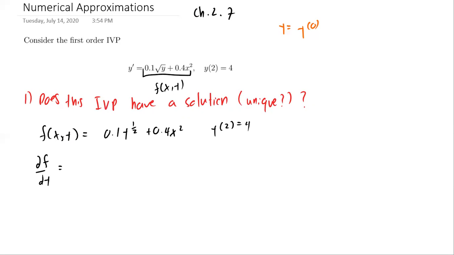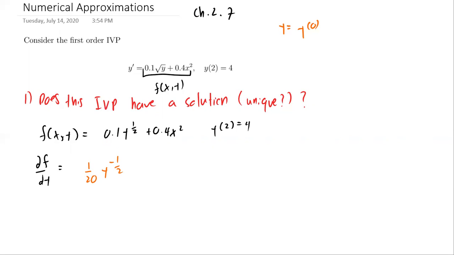So the derivative of this with respect to y, we'll just bring 1/2 down and then subtract 1 from the exponent. So 0.1 is 1/10, so that would be 1/20, y to the negative 1/2. Now the derivative of this with respect to y, well, x is a constant for our purposes, so all of that is 0.